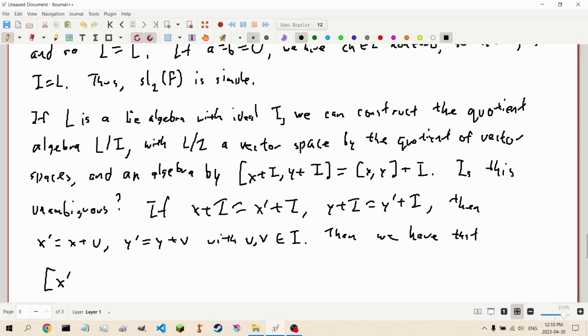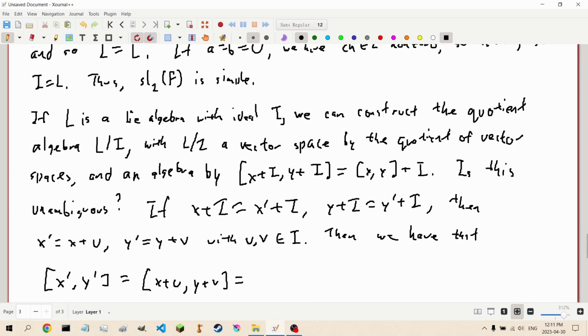We have that the bracket of x prime and y prime equals, we can essentially FOIL this because it's bilinear.